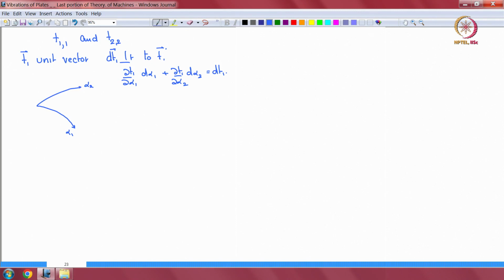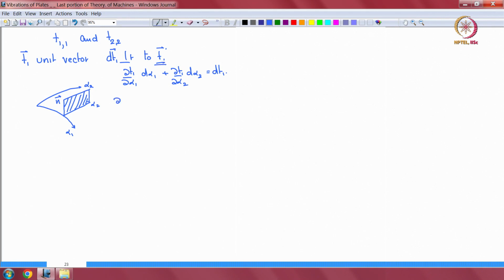So, T1,1 will lie in the N and alpha 2 plane. It cannot have a component in T1 direction.